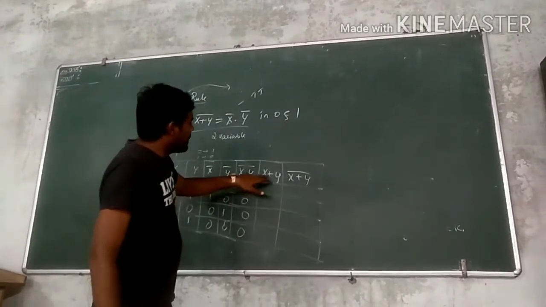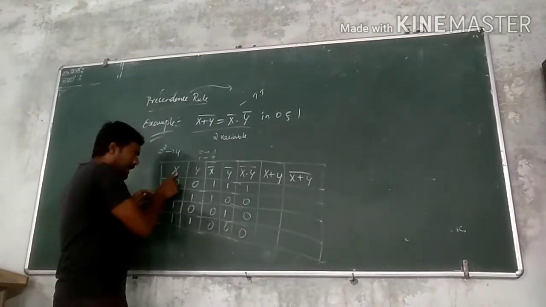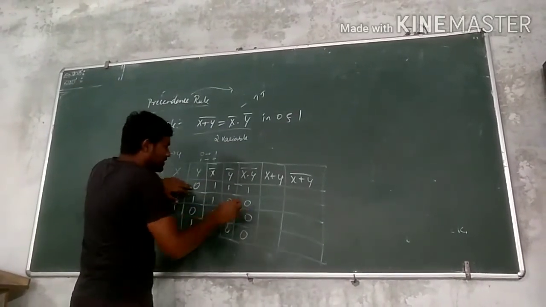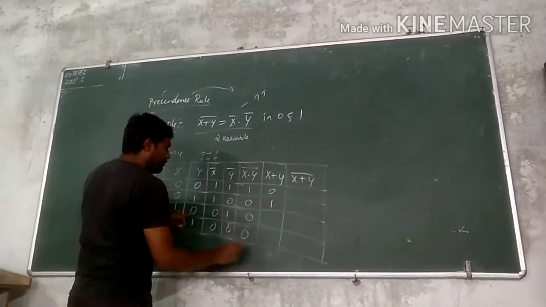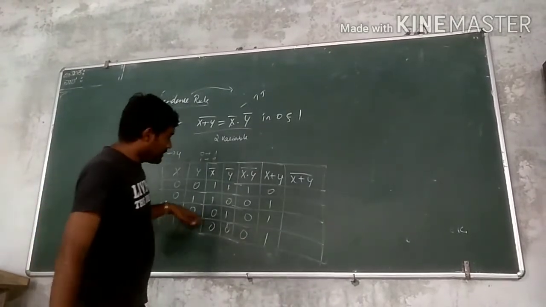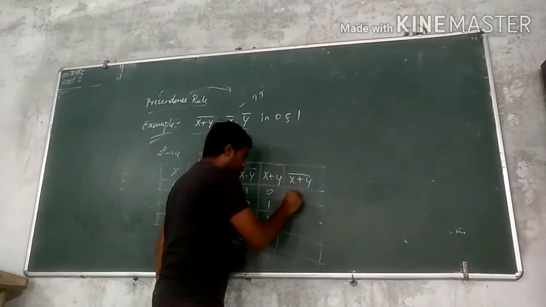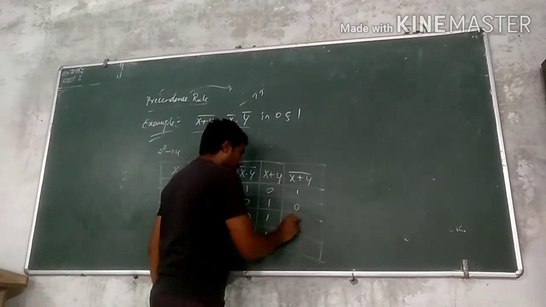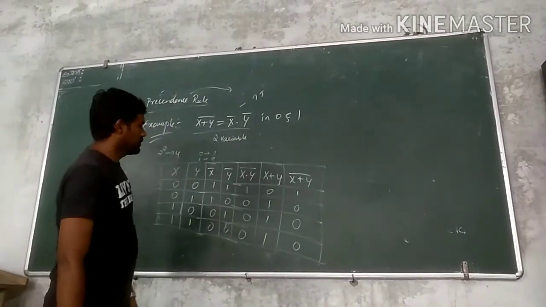And next x plus y: 0 plus 0 is 0, 0 plus 1 is 1, 1 plus 0 is 1, 1 plus 1 is 1. For x plus y complement, wherever we have a 0 that should be placed as a 1, and in the remaining cases it is 0. So it is 1 0 0 0.